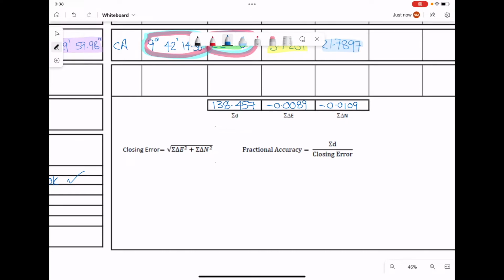For the closing error, we're going to essentially apply a little bit of Pythagoras to our sigma delta E and sigma delta N. So our closing error is minus 0.0089, square that, add it to minus 0.0109 squared, and take the square root of that, and we find our closing error is 0.0141 meters.